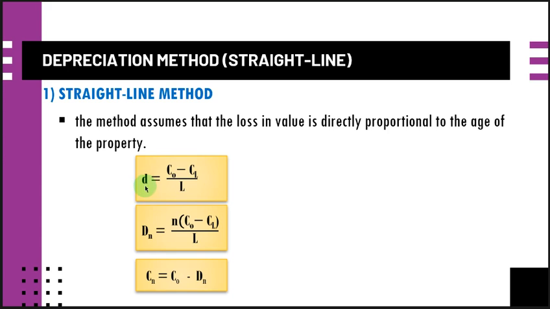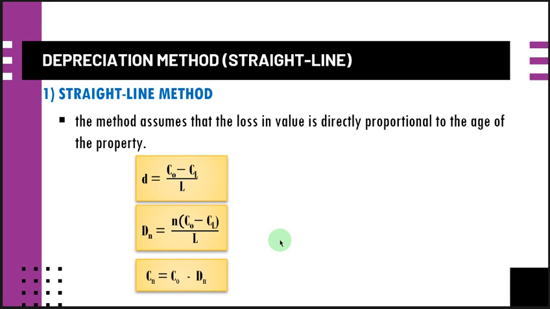You just multiply the small d by n so you can get the capital D sub n, or in formula, n times (C sub O minus C sub L) over L. And our book value at the age n years is simply the difference of our original cost C sub O minus capital D sub N, which is our depreciation during the n years. Actually, we always use this formula in all depreciation methods.